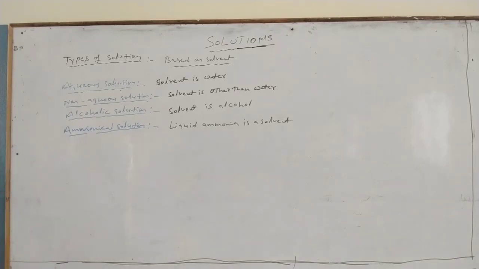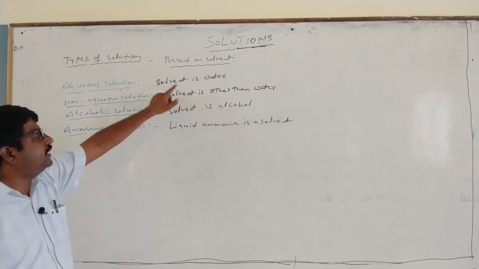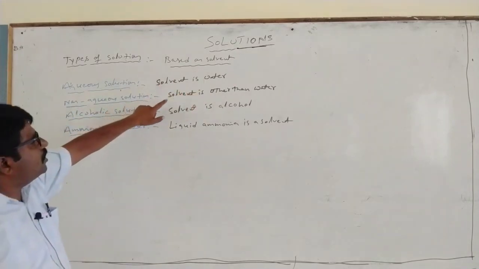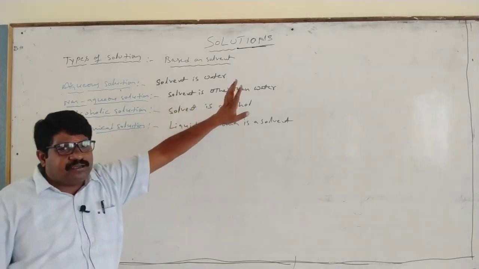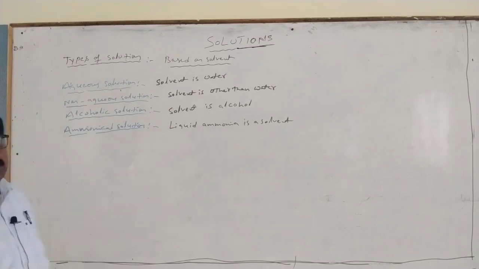So based on solvent, solutions are classified into aqueous solutions, non-aqueous solutions, alcoholic solutions, and ammonical solutions. Aqueous solution means water content is more, water acts as the solvent. Non-aqueous solution means the solvent is other than water, and water is present in lesser quantity.